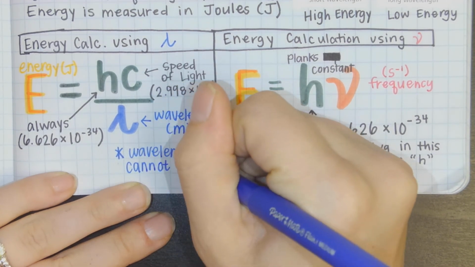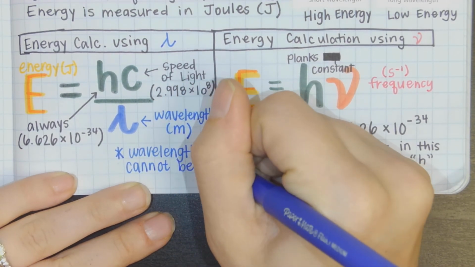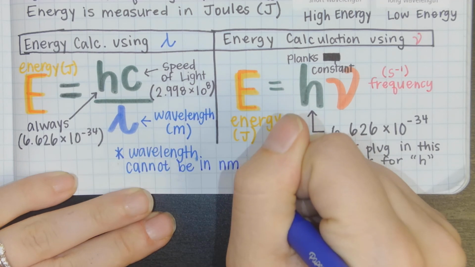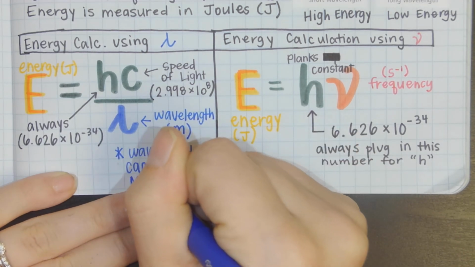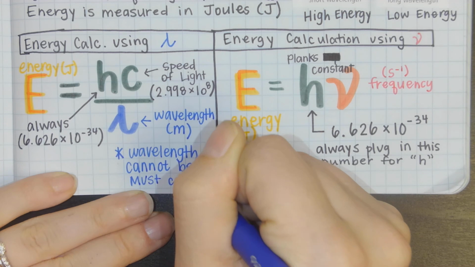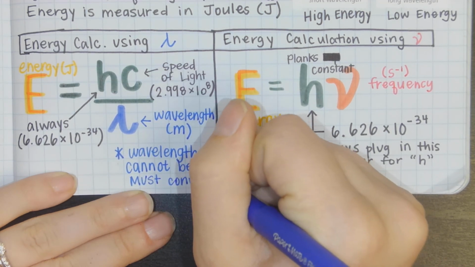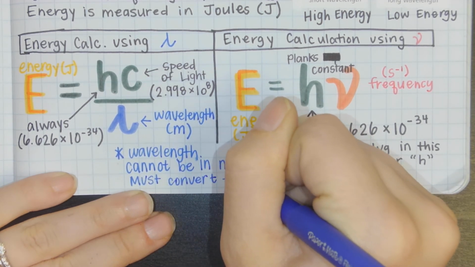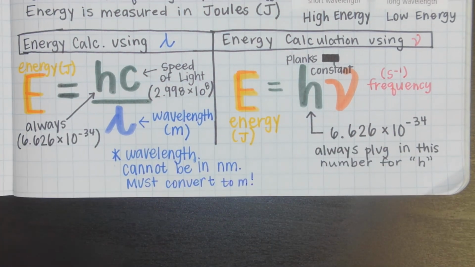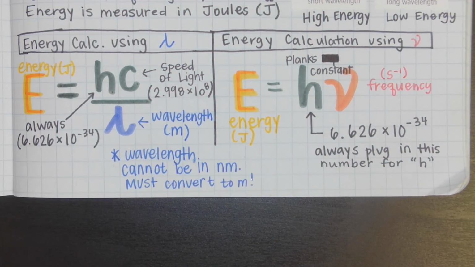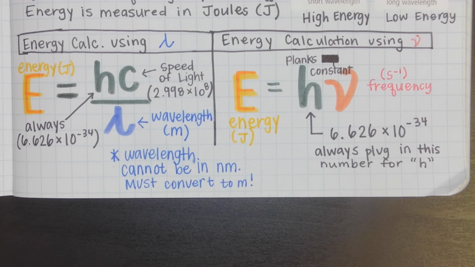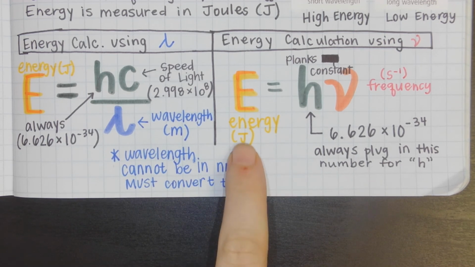Wavelength cannot be in nanometers. You must convert it to meters first. And when we do the homework, I'll provide you some examples with that. So here are the two equations for how we measure energy. And when we measure it, we're going to say, this has this much energy in joules.